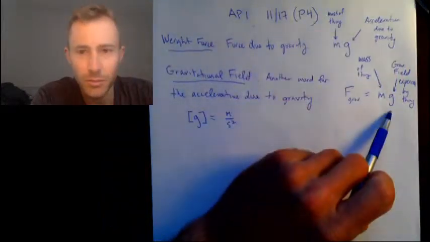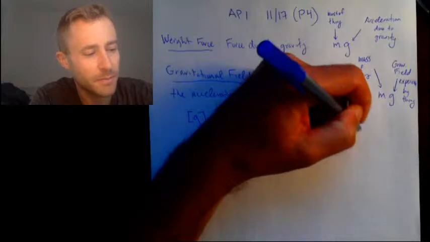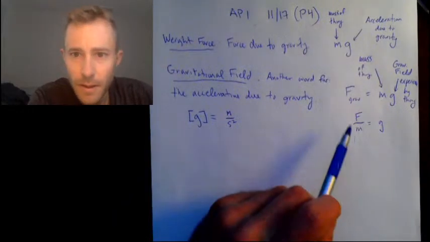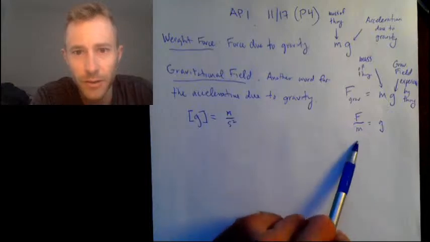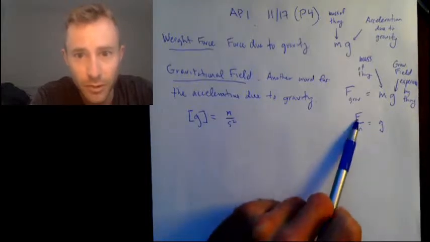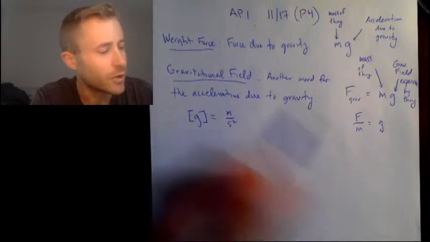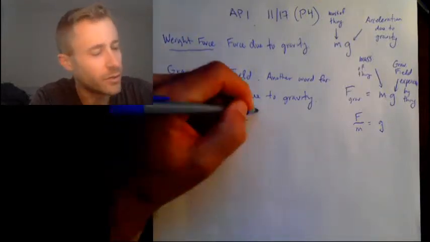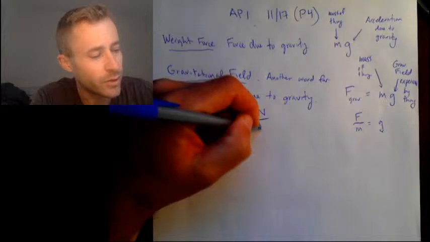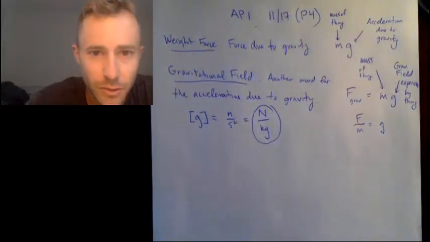And that unit is obtained by taking this equation and dividing both sides by mass. And we see that gravitational field is force per mass. So force is measured in newtons and mass is measured in kilograms. So an equivalent unit is newtons per kilogram.